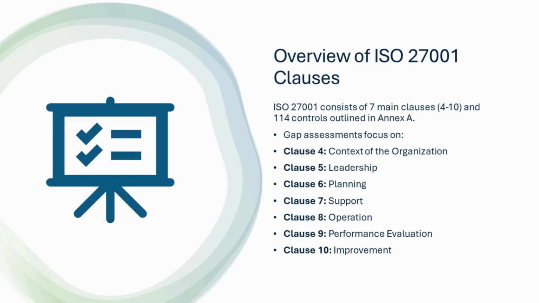Clause 6, planning for risks and opportunities. Clause 7, providing resources and support. Clause 8, operational controls for security. Clause 9, measuring performance and conducting audits. Clause 10, continuous improvement to stay ahead of threats. Don't worry, I'll cover all of these clauses and walk you through how to conduct a gap assessment for each of these.